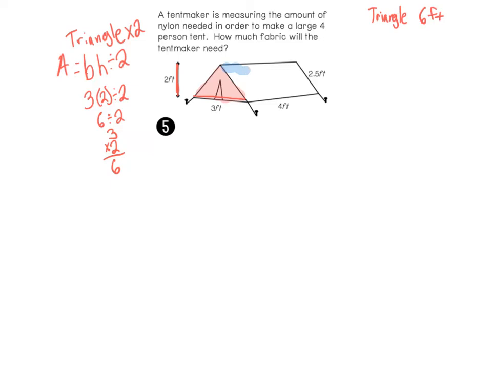Now let's move on to the next shape. I have this rectangle right here, the side of the tent. I'm going to color code blue. Now, there's also a second one on this back side over here that we can't see. So let's now try to figure out this rectangle.